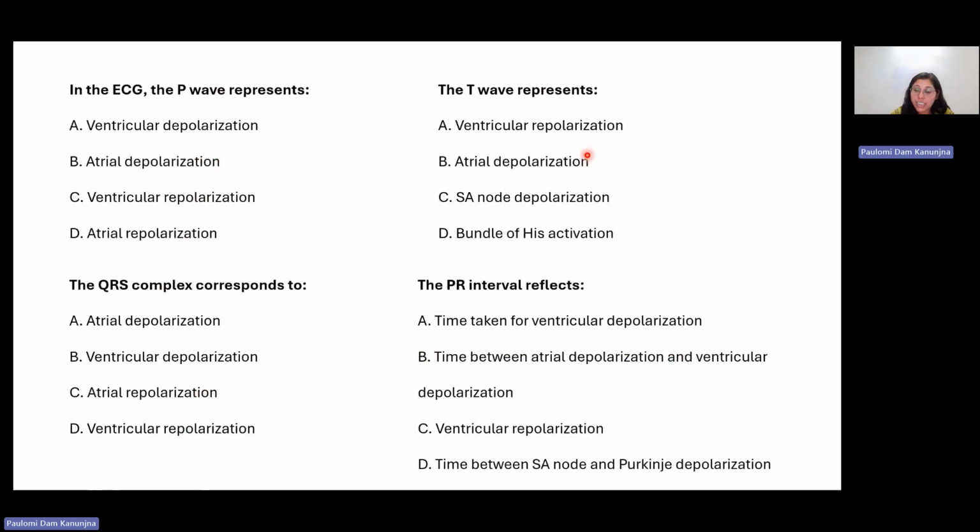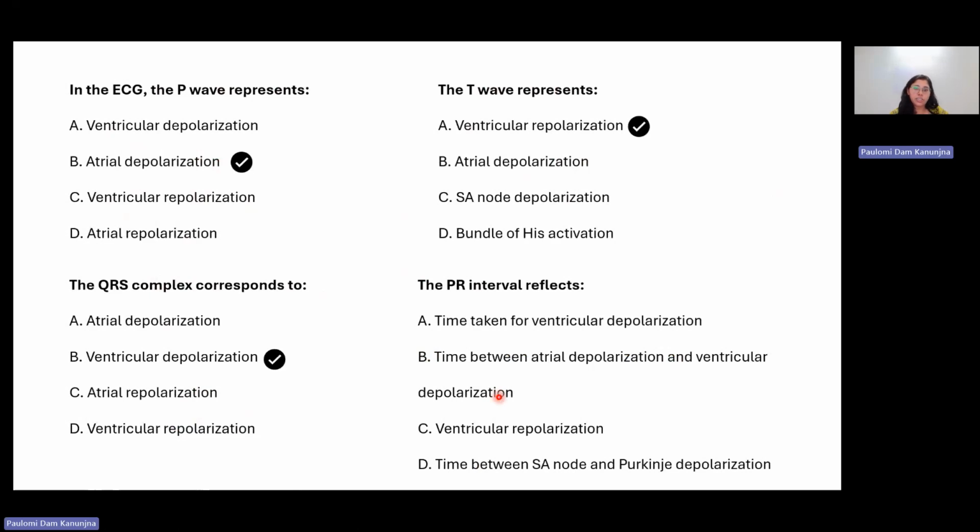And the PR interval, what does that refer to? So I hope that was clear.